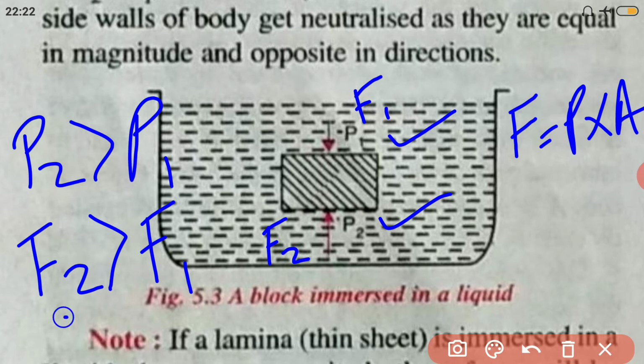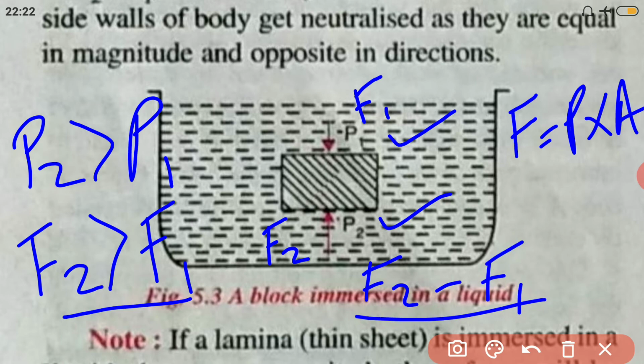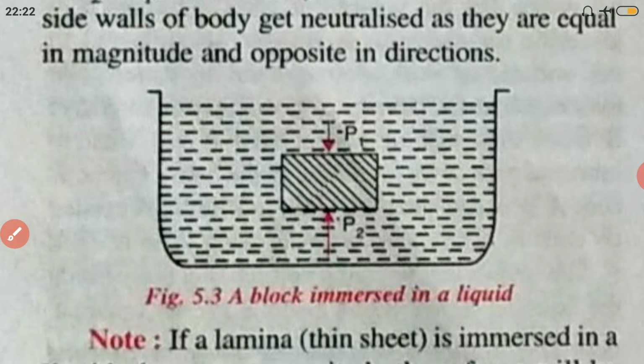Now as F2 is more than F1, there will be a difference of force, F2 minus F1. Because of this difference, the body will be pushed a little bit upwards, and that upward force is known as upthrust. So upthrust comes into play because of the difference of pressure. I hope you understood the reason for upthrust.